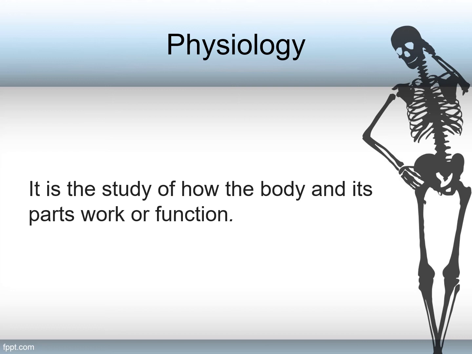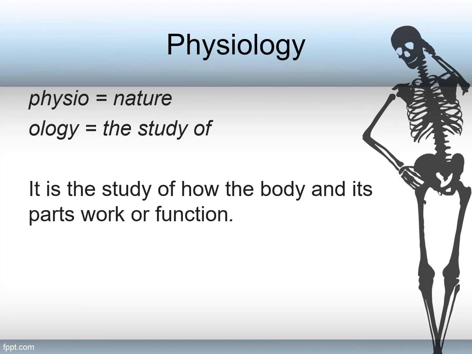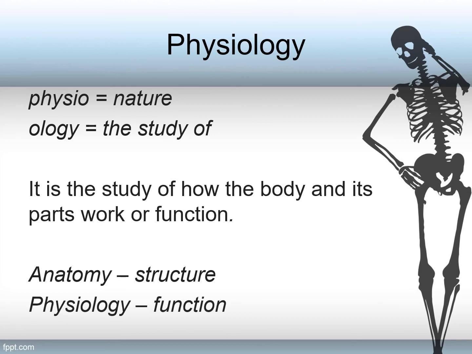It actually came from the words physio, which means nature, and ology, which means the study of. So, as mentioned, anatomy is about the structure and the body parts. Physiology is about the function of those structures and body parts.